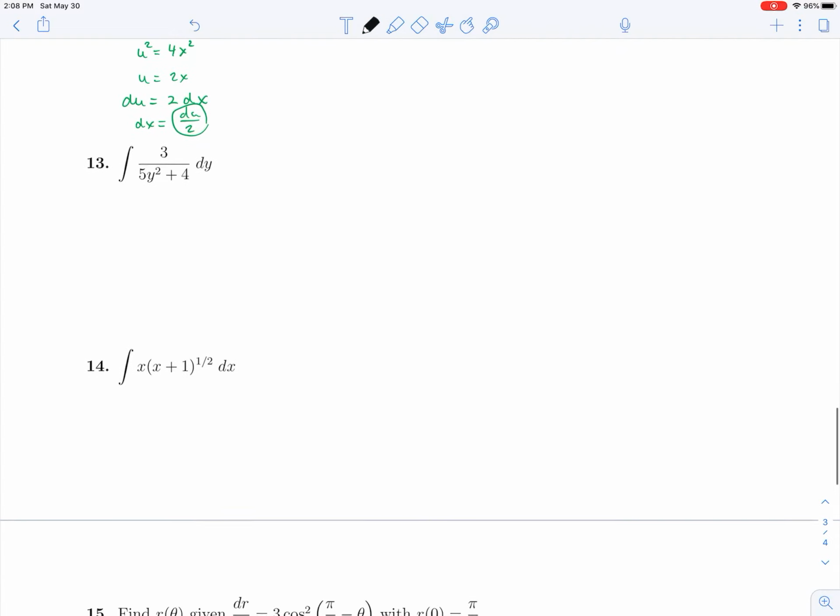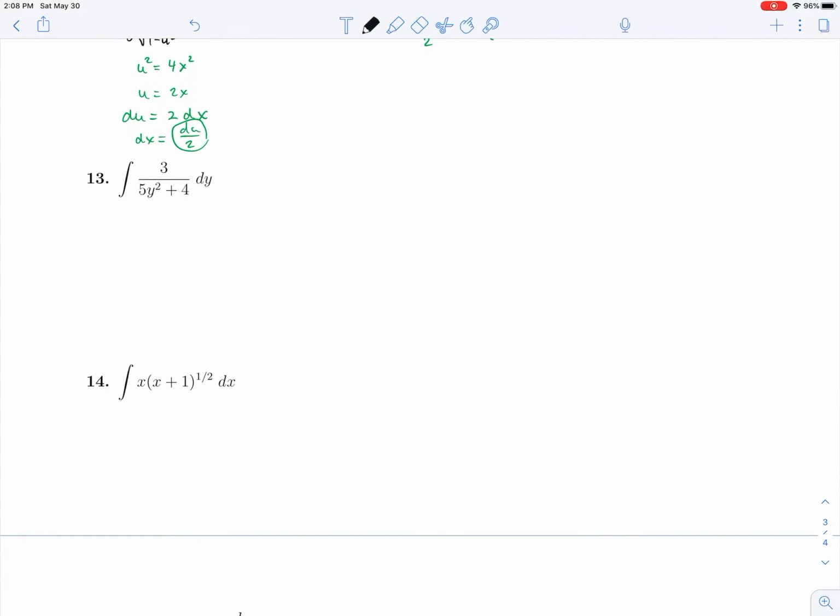Okay, the next one. So this one is maybe a little bit harder to recognize, but recall the integral of 1 over 1 plus x squared dx is inverse tangent x plus c.